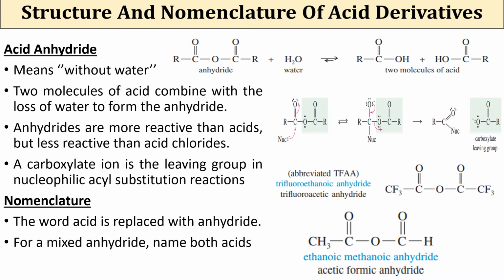A carboxylate ion is the leaving group in nucleophilic acyl substitution reactions. Examples of an acid anhydride include trifluoroacetic anhydride and acetic formic anhydride. Nomenclature: the word acid is replaced with anhydride. For a mixed anhydride, name both acids.